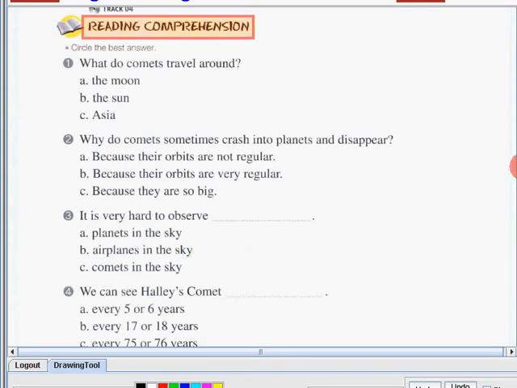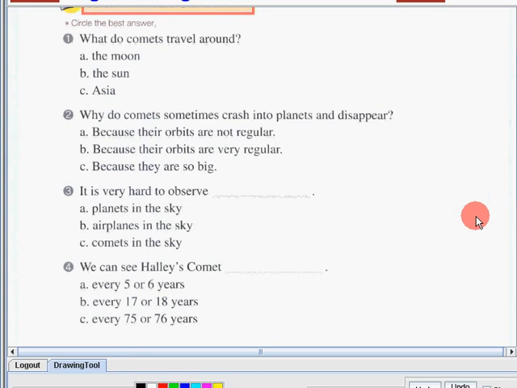Now, how about number 4? We can see Halley's Comet blank. Is it A, every 5 or 6 years, B, every 17 or 18 years, or C, every 75 or 76 years?